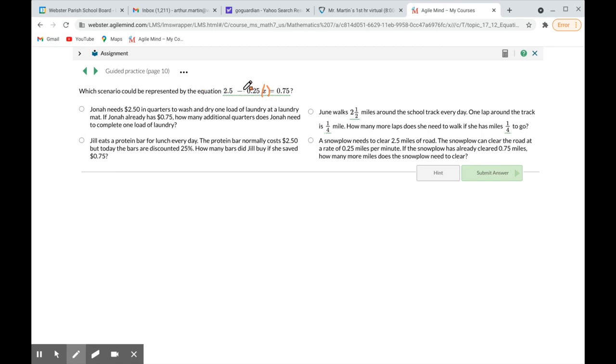So this is 2.5 minus 25 cents times x, and it's going to equal 75 cents. So look at this first one, Eli. It says Jonah needs $2.50 in quarters to wash and dry one load of laundry at a laundromat. If Jonah has 75 cents, how many additional quarters does Jonah need to complete one load of laundry? Would that work?